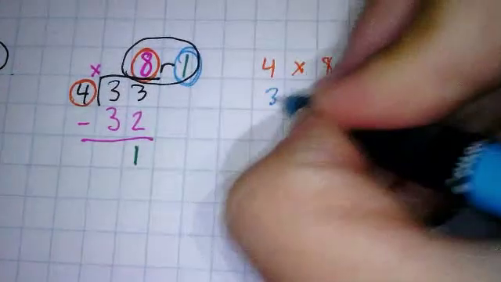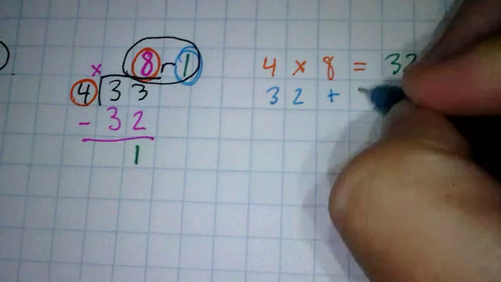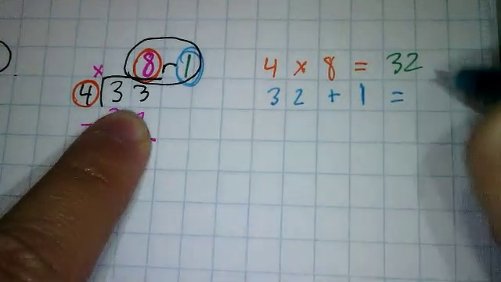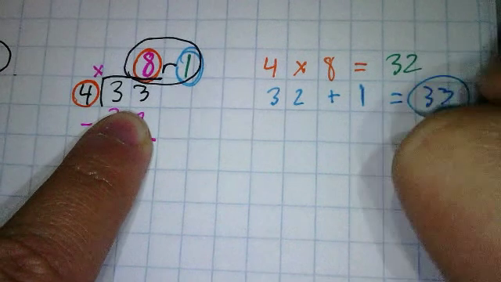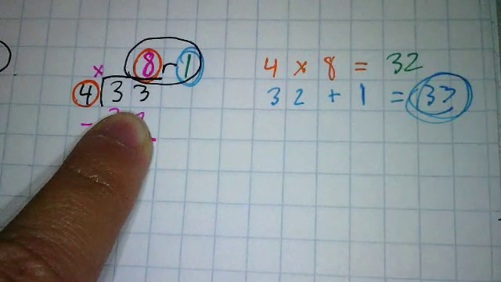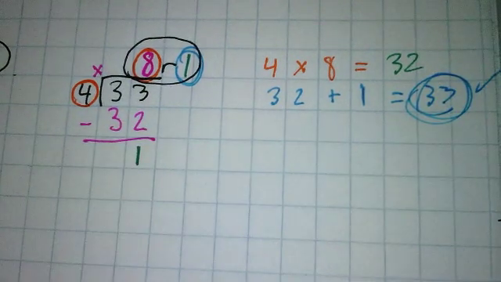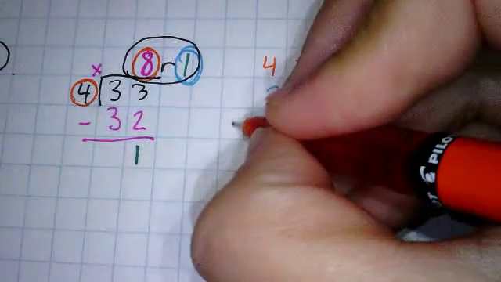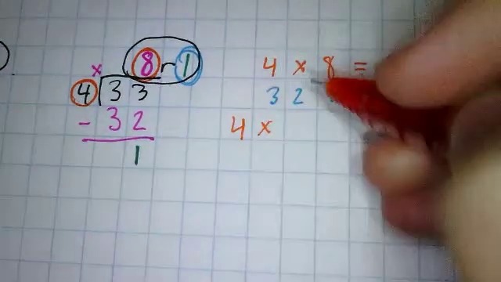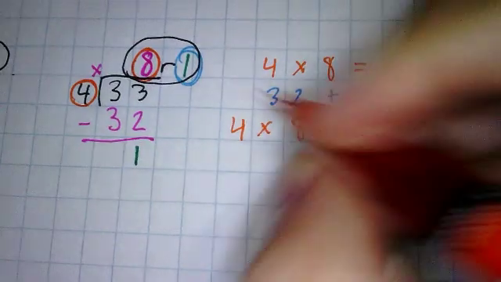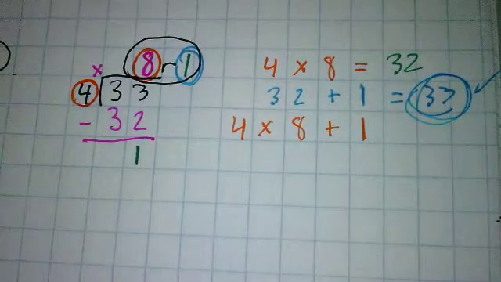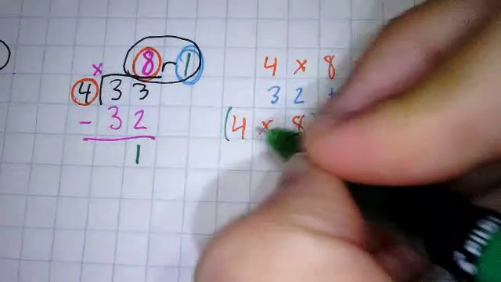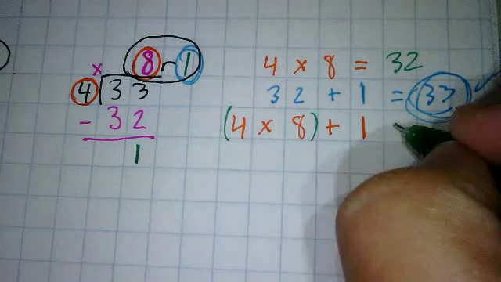So we'll do 32 plus our remainder, 1, and we should get 33, our dividend. Do those match up? Yes. So you would do your divisor times your answer plus your remainder. And if you do that, you should get your dividend.